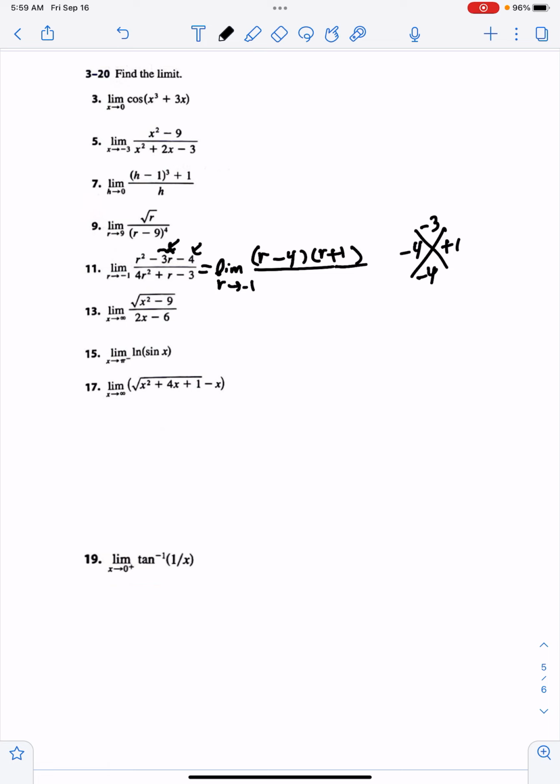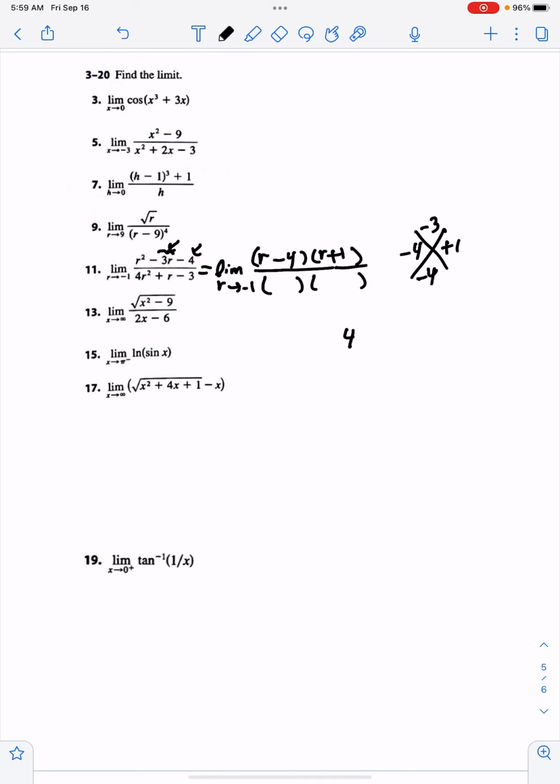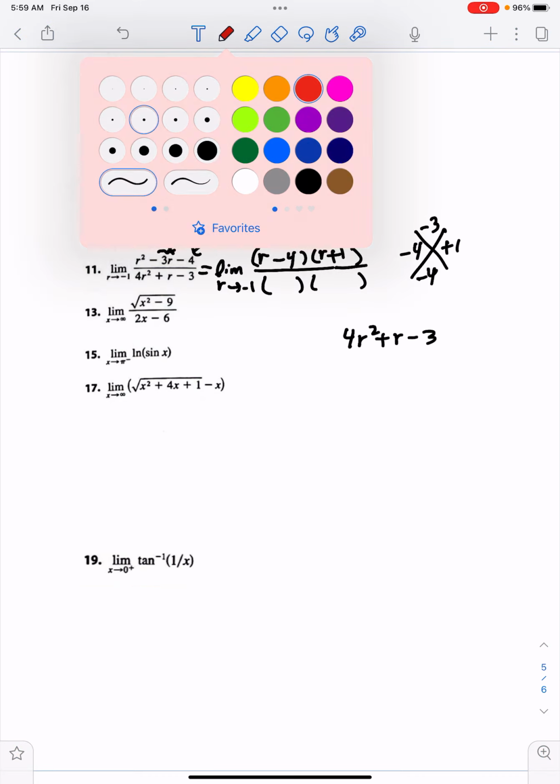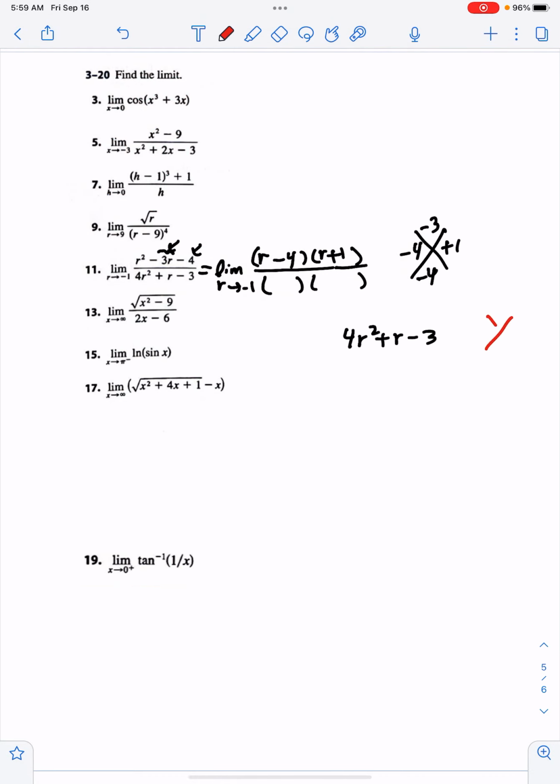And then to factor the denominator, so you would say 4r squared plus r minus 3. I'm going to show you the AC method that you also see on the videos under module 1.